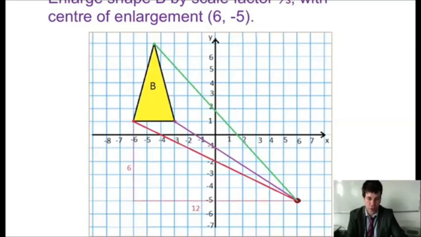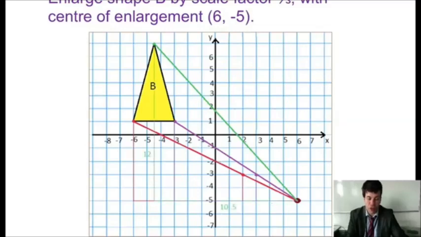Looking at the red vertex, we go 12 along to the left, 6 units up. 1/3 of 12 is 4, and 1/3 of 6 is 2. So the red vertex of image, triangle B prime, is simply 4 units to the left, 2 units up. The purple vertex is 9 units to the left, 6 units up. Calculating 1/3 of 9 and 6 means that the image vertex should be 3 units to the left, 2 units up.